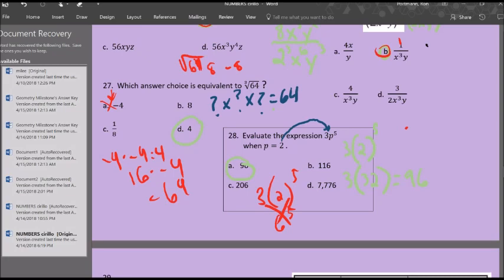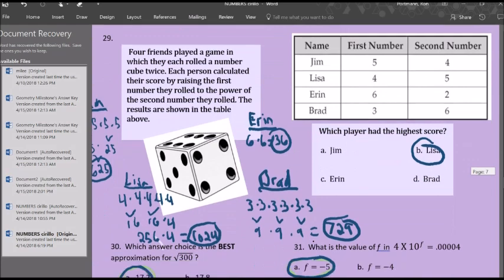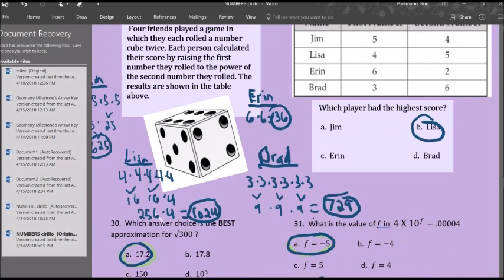And number 29 says 4 friends played a game in which they rolled a number cube twice. Who says that? That's a die. Each person calculated their score by raising the first number they rolled to the power of the second number they rolled.